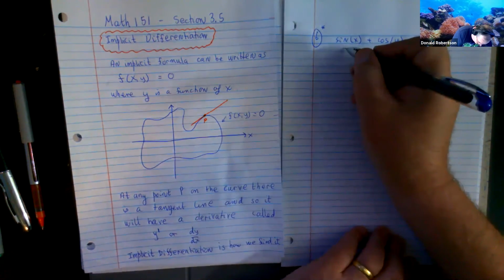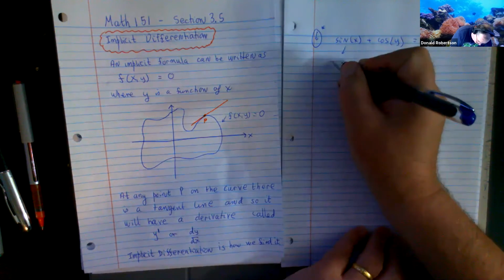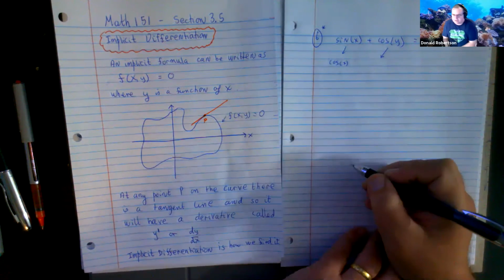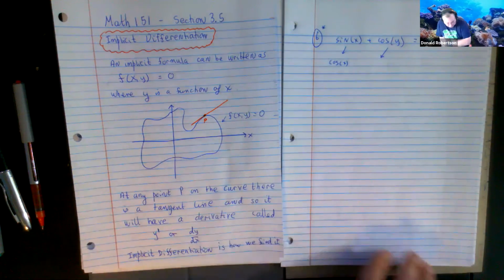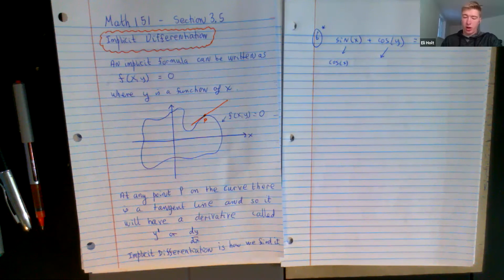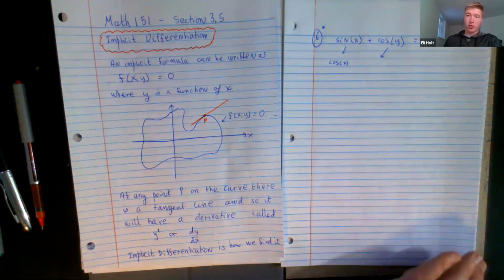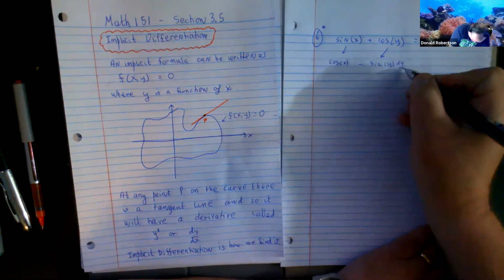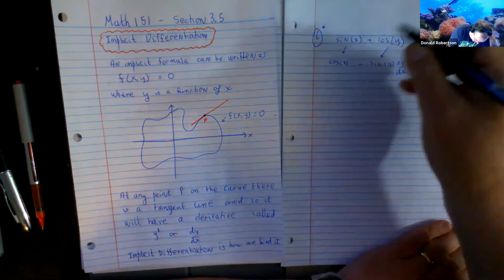Differentiate sine x, you get cosine x. Differentiate cosine y. Okay, what do you get if you differentiate cosine y? Negative sine y times dy by dx. Yeah, as long as you remember that dy by dx, when you differentiate a thing with y in it, at least, you are fine.